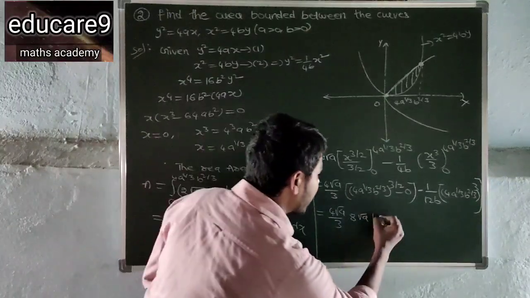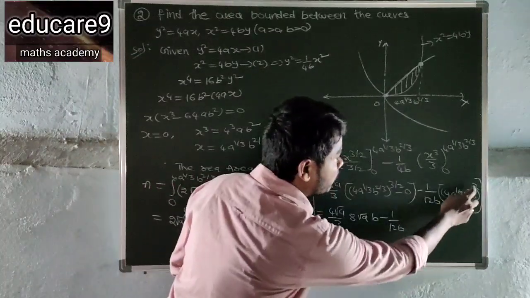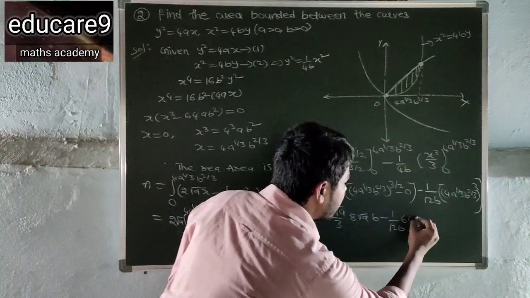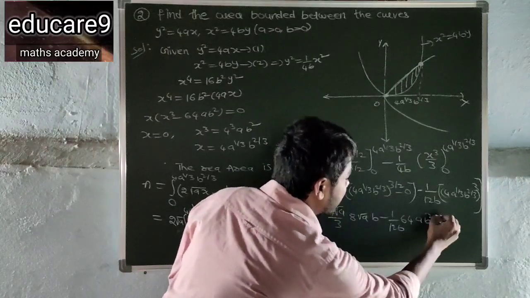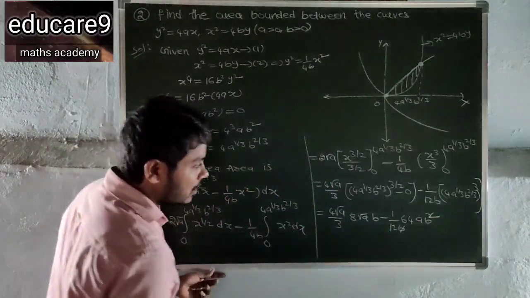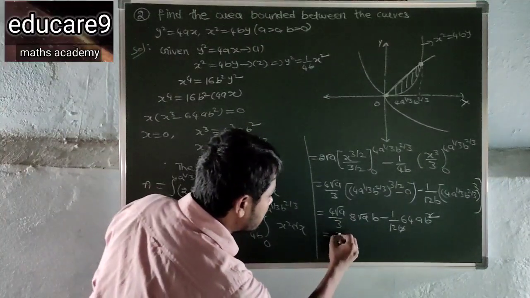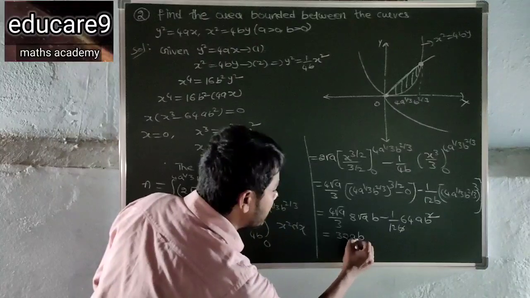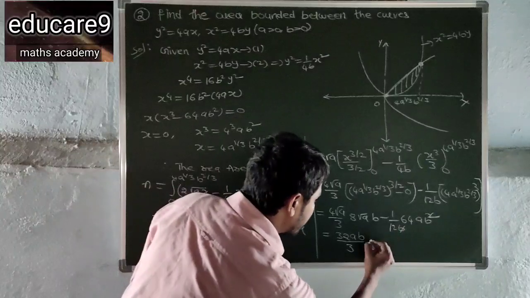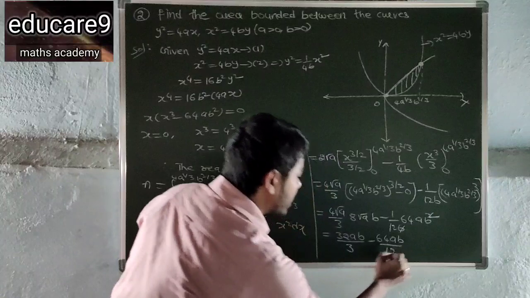Okay. Minus 1 by 12b, 4 power 3, you will get 64, and a b square. So clearly one b gets cancelled, and here 4 into 8, that is 32 ab divided by 3, and here minus 64 ab divided by 12.